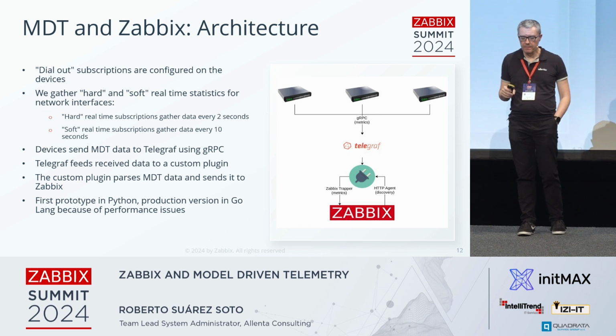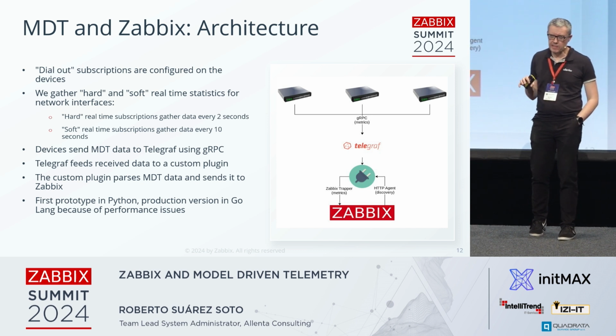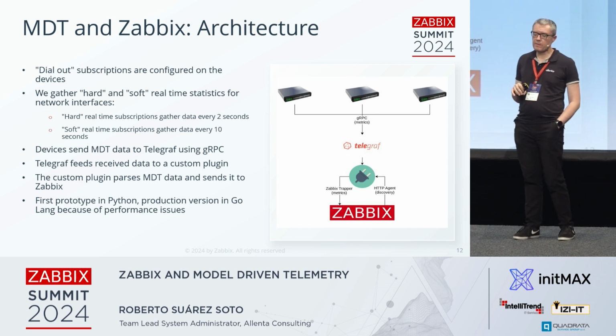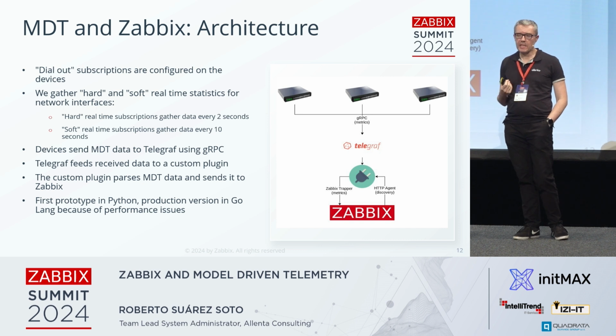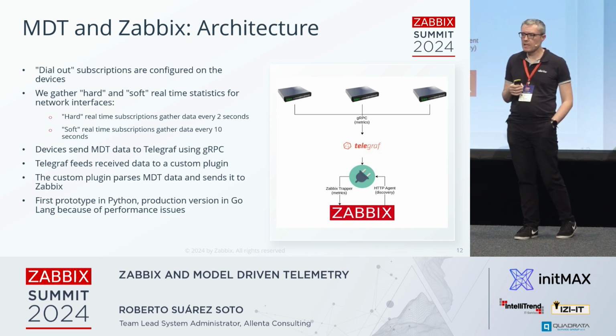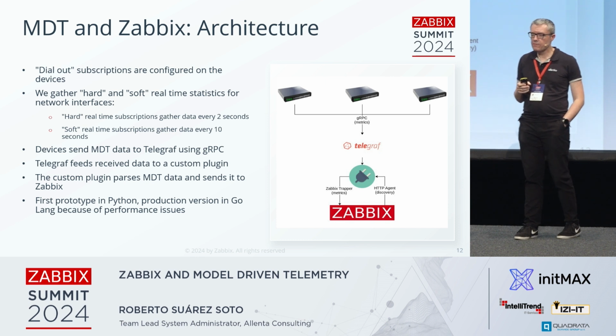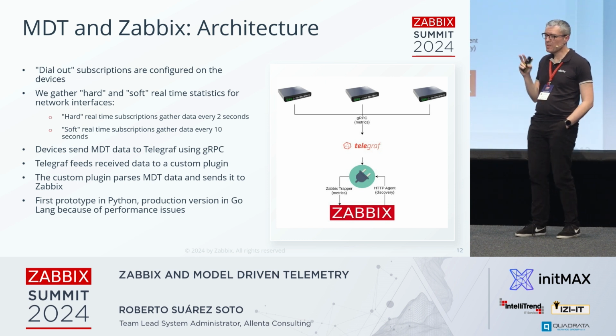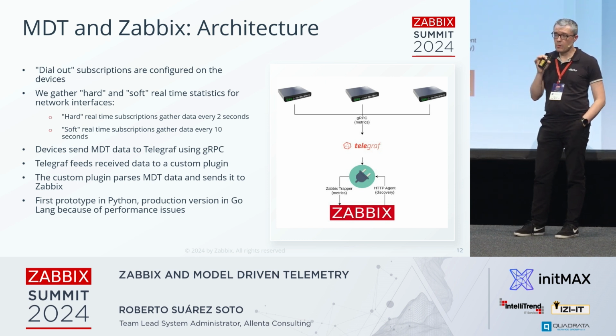From them, we wanted two kinds of statistics. One of the promises of model-driven telemetry is real-time monitoring. After a few studies, we went for two different types of what we call real-time, which is not really real-time.